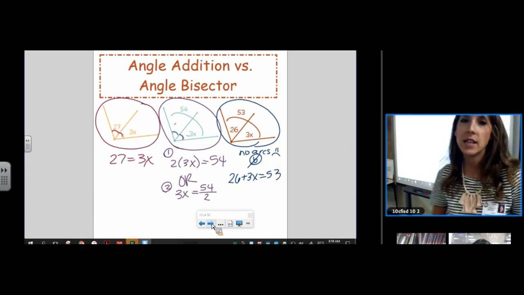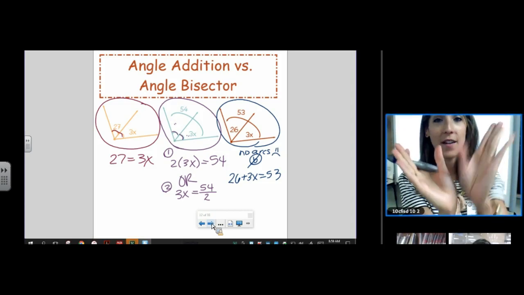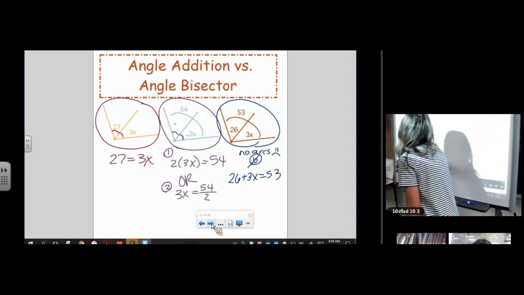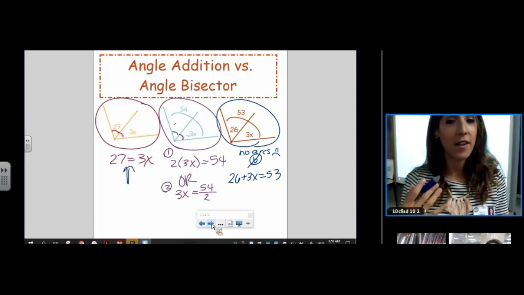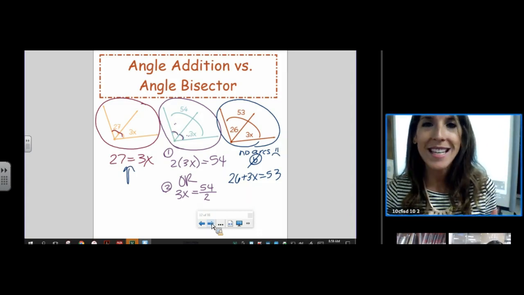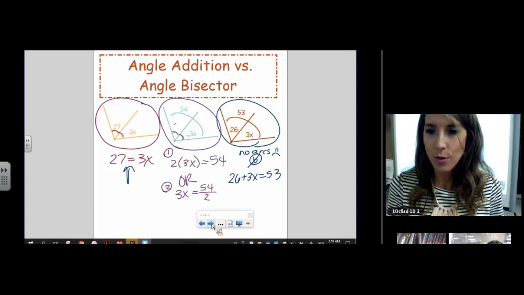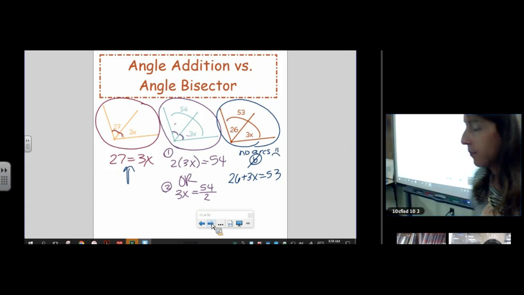I'm not trying to solve these, I'm just trying to show you how you would set each of them up. If you're given a half and a half, you set them equal. If you're given a half and a whole, you've got those two choices. And if you don't see arcs, you do not assume that that's an angle bisector. You do angle addition instead.